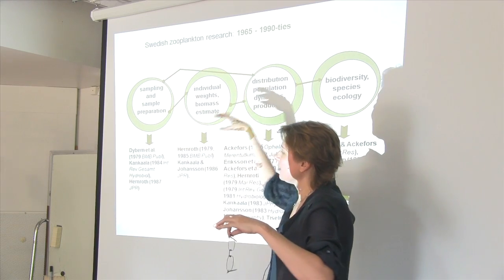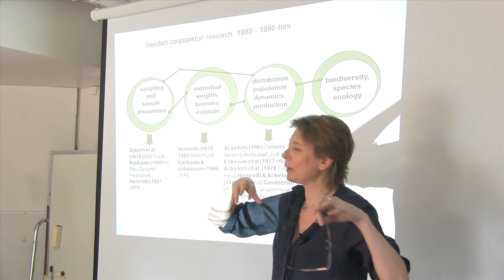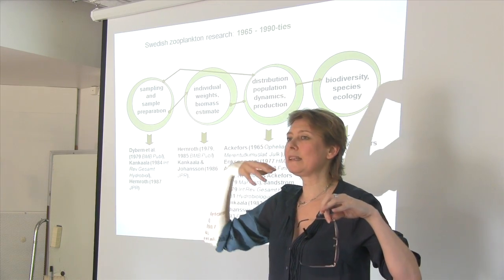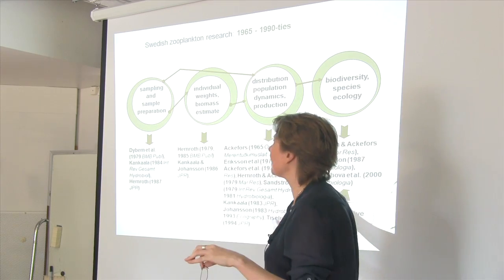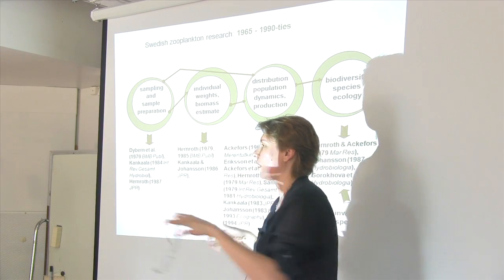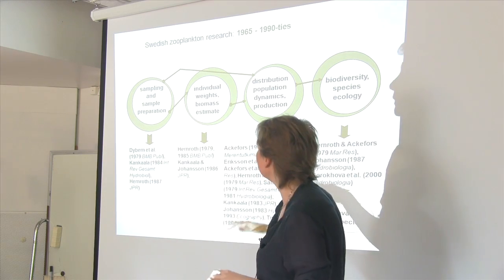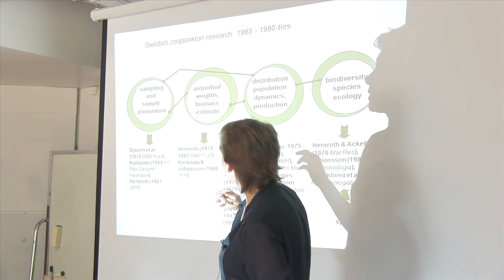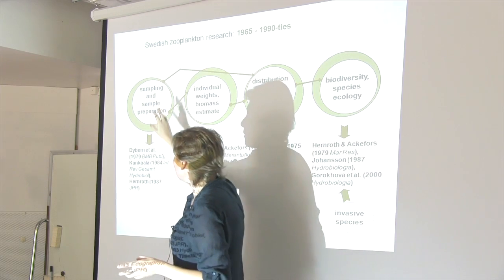Well, and then I started to look: okay, here we have an increased number of publications. Do they deal with exactly the same things, or do they also look around for some unknown parts?